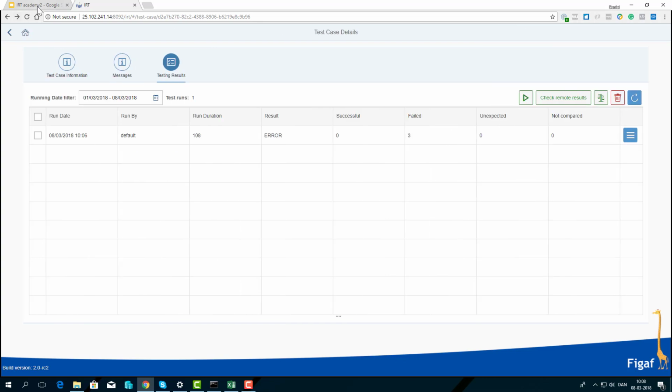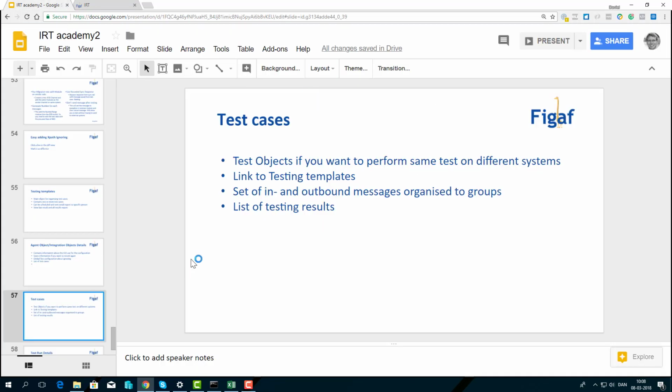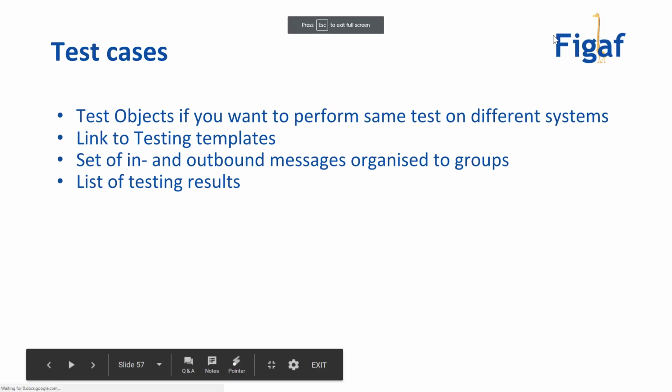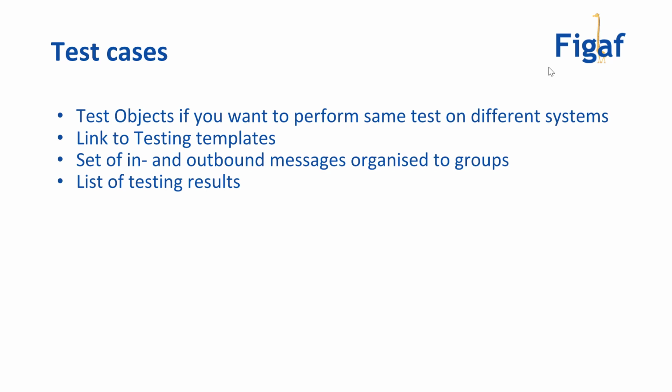So now we are on the test cases. A test case is information about the different data that we have, an inbound and multiple outbound messages. These are grouped into one test case.